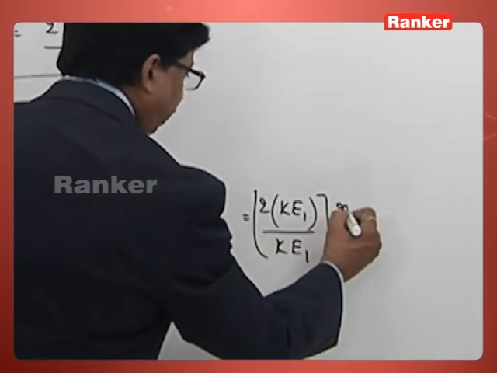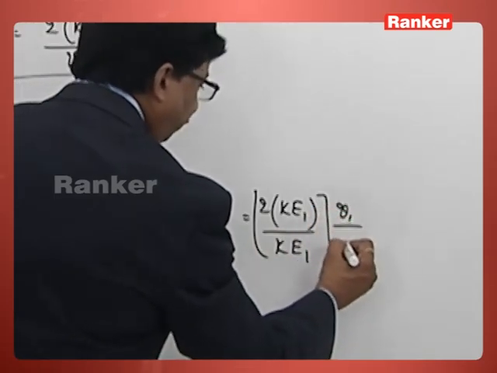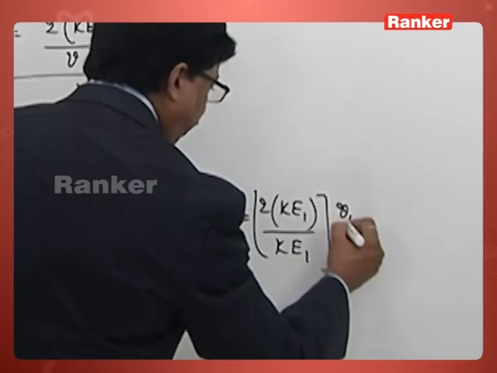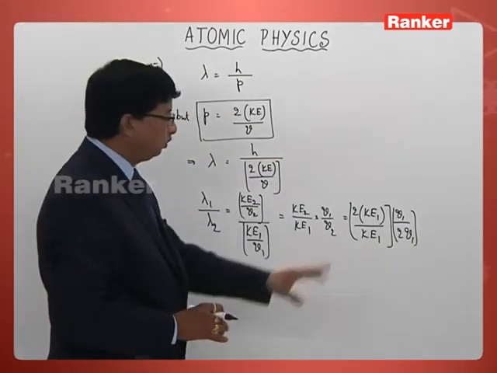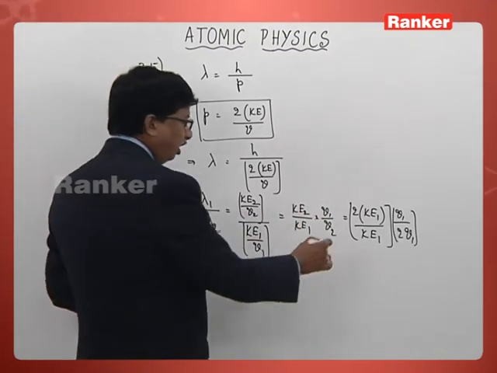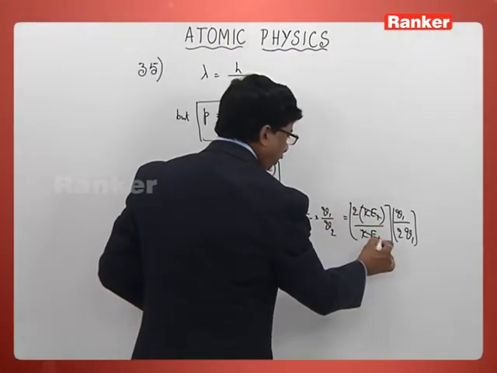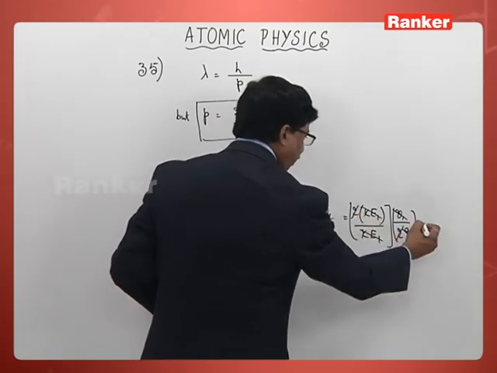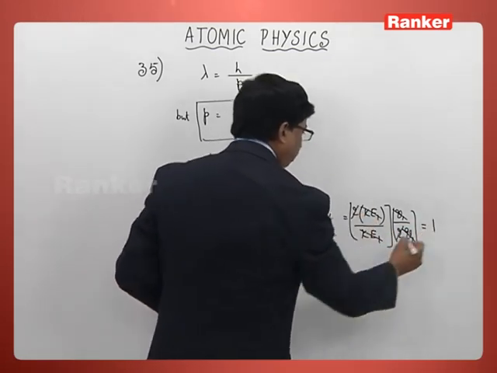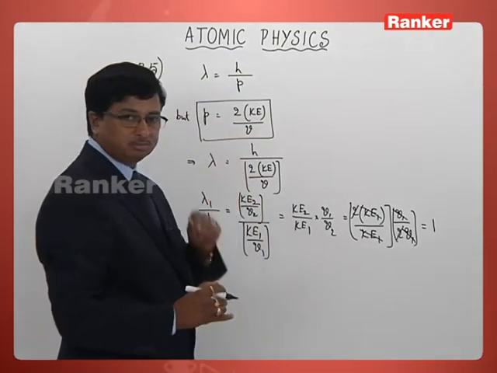Velocity 1 is as usual. Second velocity is twice the initial velocity, so 2 times v1 you can directly write. Now everything gets cancelled, kinetic energy gets cancelled, velocity gets cancelled, 2 gets cancelled, and what is now left over? You are getting it as 1.